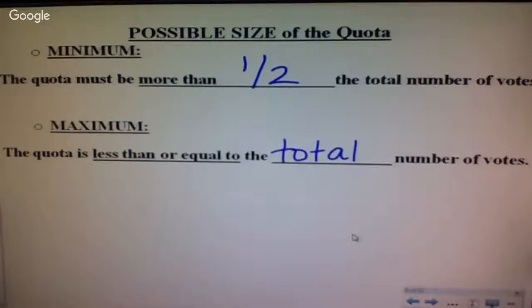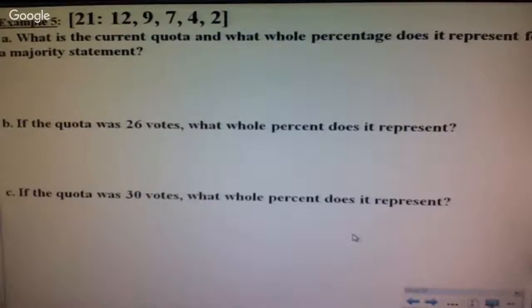So, if we go back to that example where it was myself, Ivan, and Kimberly, where we had a total of 17, I can't tell you that the quota is 20. Why could the quota never be 20? Because it's more than what we've got. You can never pass anything if you make it higher than what you actually have to win. It's just impossible.